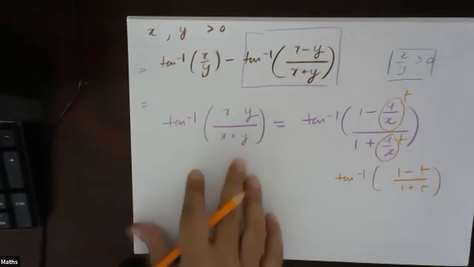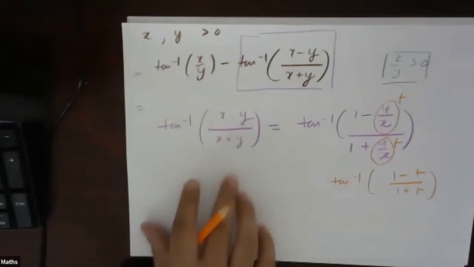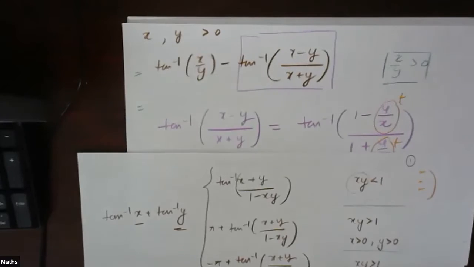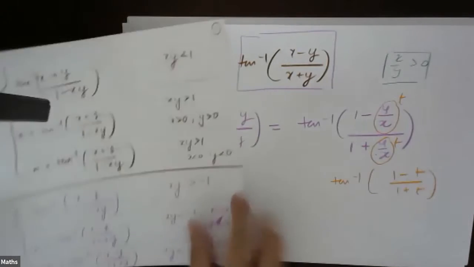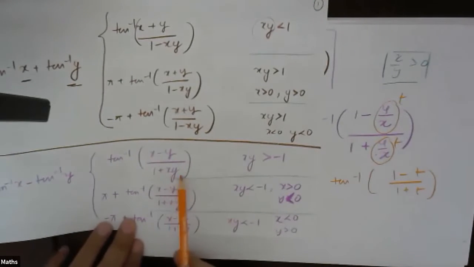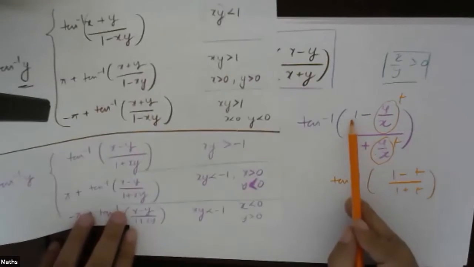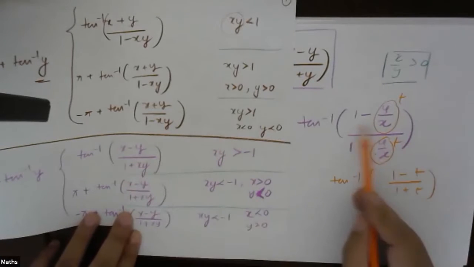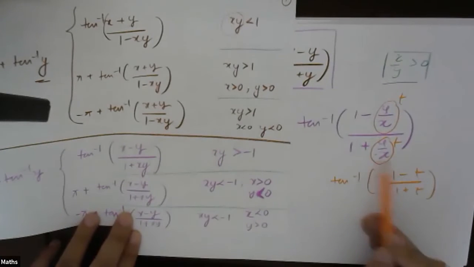If I compare this with the property in which I have written tan inverse of (x minus y) upon (1 plus xy), something like that, 1 minus t upon 1 plus 1 times t, here 1 is x.